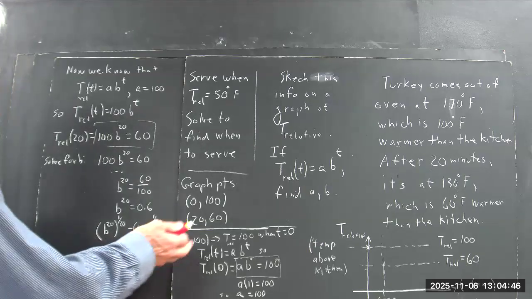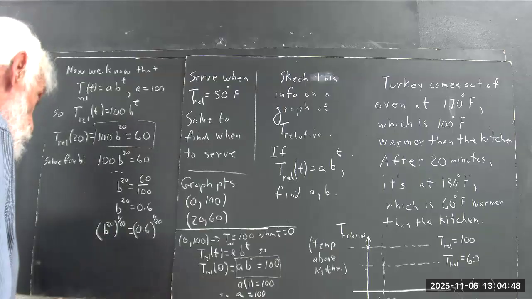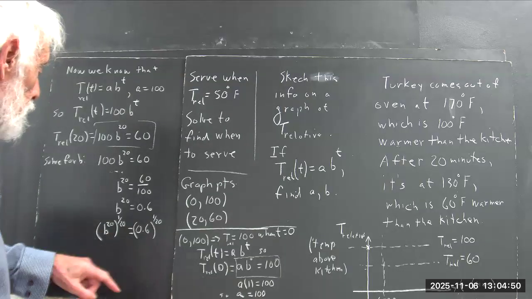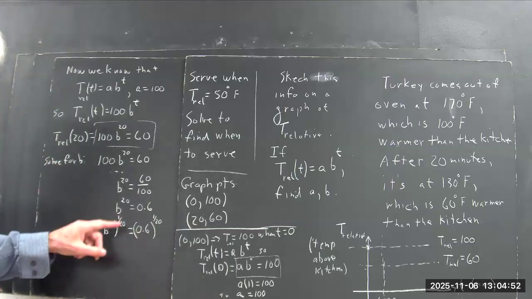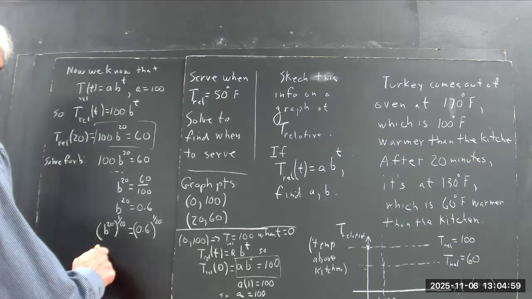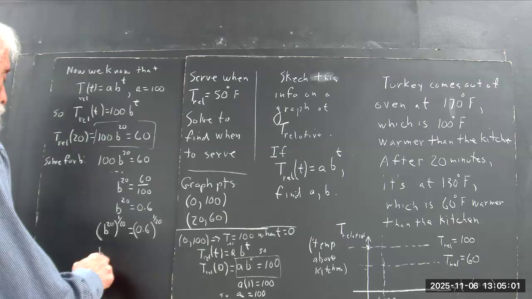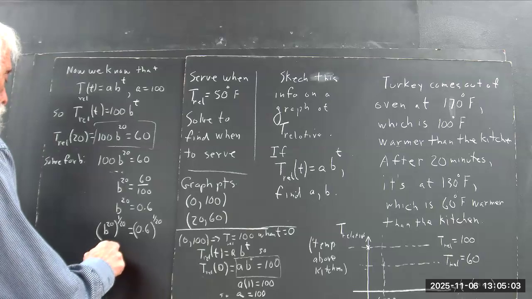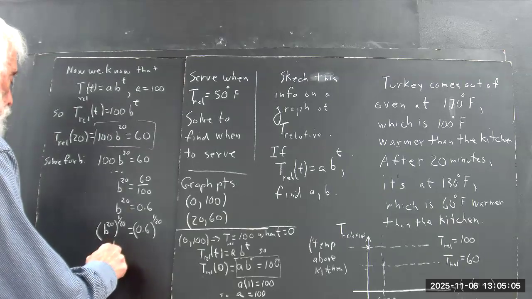You could say the 20th root of 0.6, you know how to do that, it's okay. But you should understand the 1/20th power. We're just taking the same power of both sides. And b to the 20th to the 1/20th is b to the 20 times 1/20th.